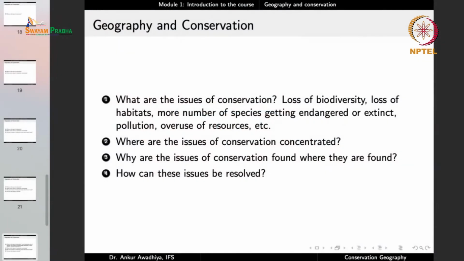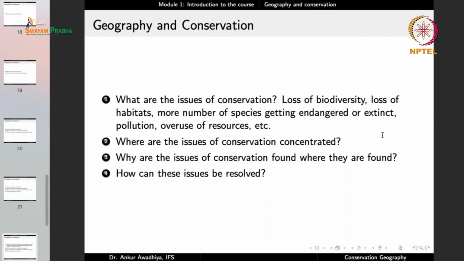That is, a large number of plants and animals and insects and microorganisms are all becoming extinct. So loss of biodiversity is an issue in conservation. We have loss of habitats, more species getting endangered or extinct, pollution, overuse of resources. So there are several issues of conservation.